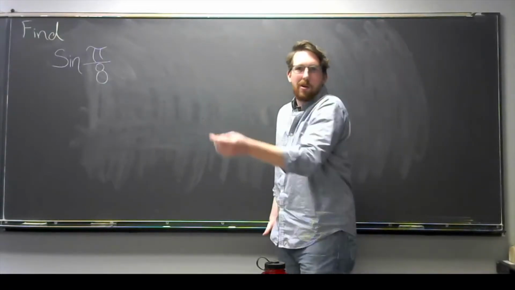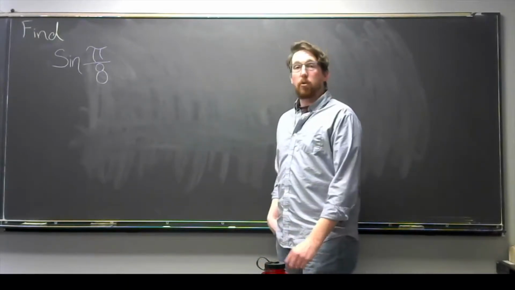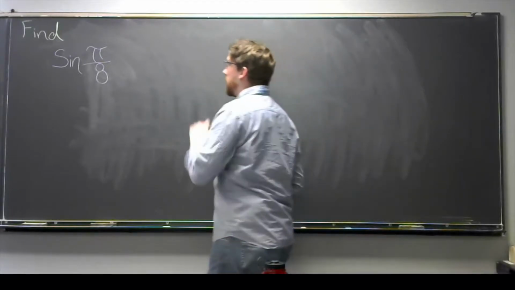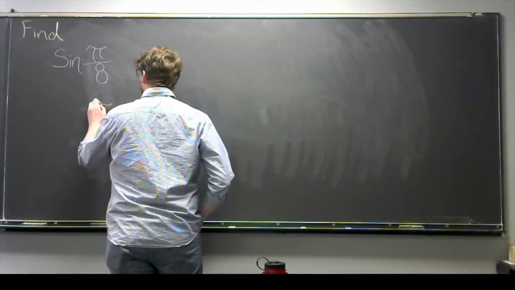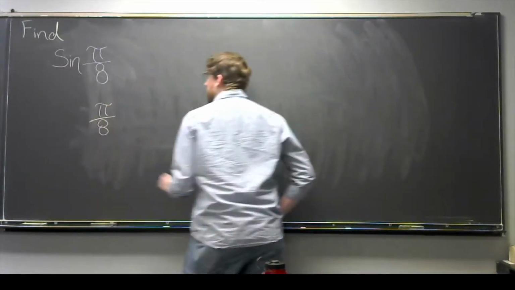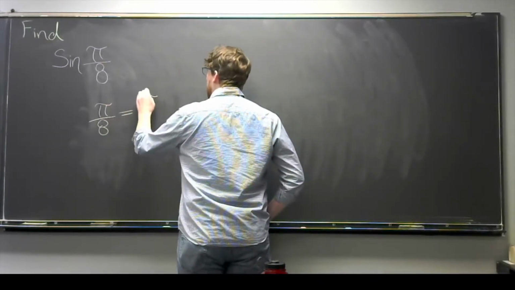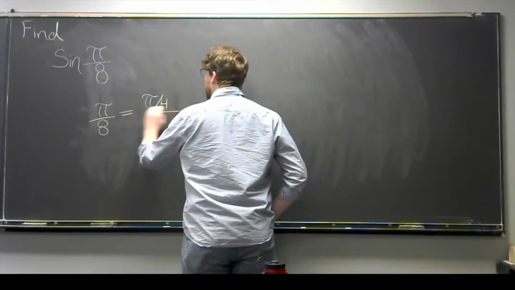I don't know. But there is a way we can find it pretty quick and easily. We can start by saying, well, pi over 8 is equal to pi over 4 divided by 2.